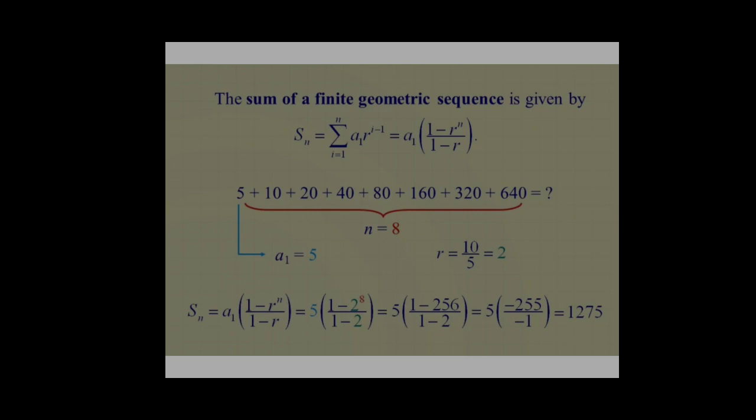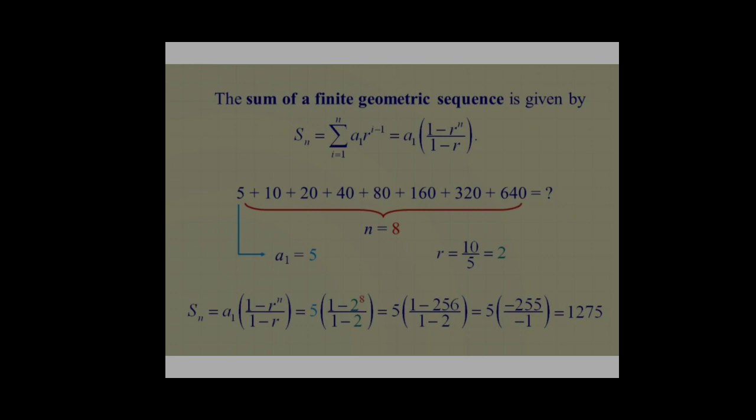Let's find the common ratio: the second term divided by the first term is 10 over 5, which equals 2.